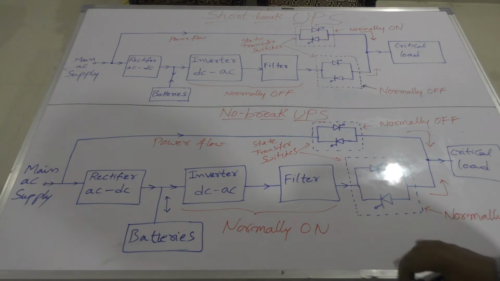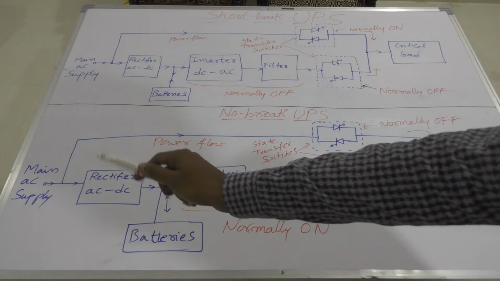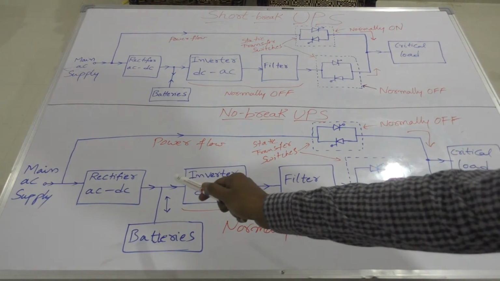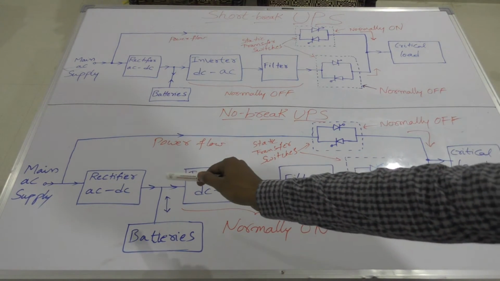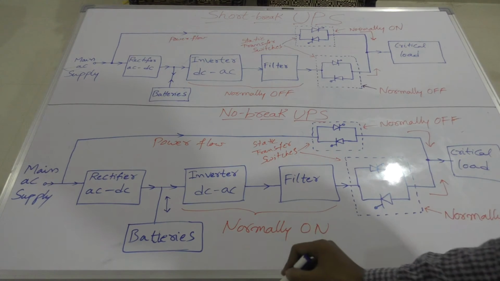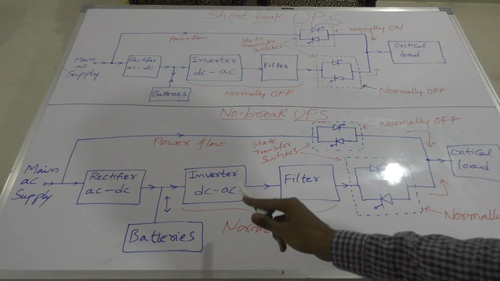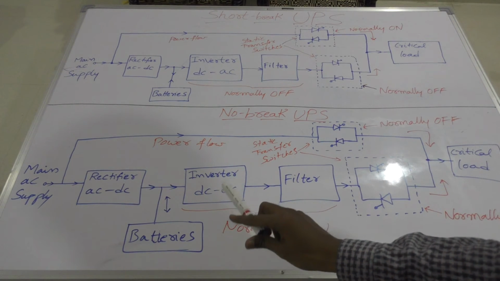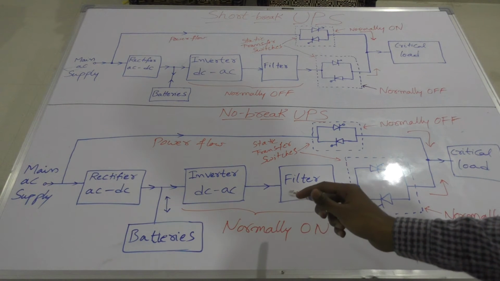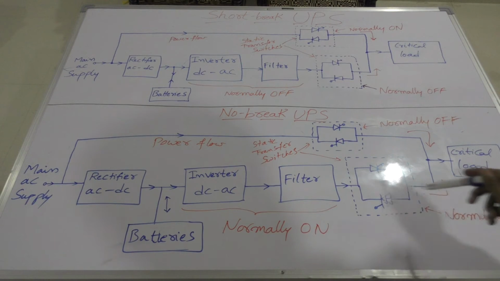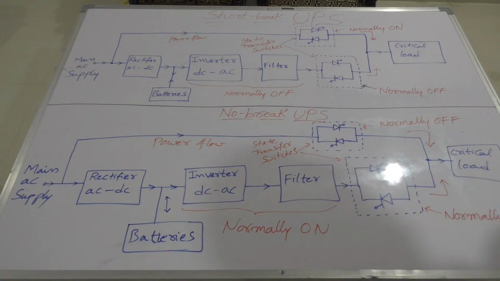In this normal operation, first the main AC supply will be rectified to DC and this DC output will charge the batteries, and also this DC output reaches this inverter, where DC is converted to AC, and finally the electrical power reaches the load through this filter. This is what happens in the normal operation.